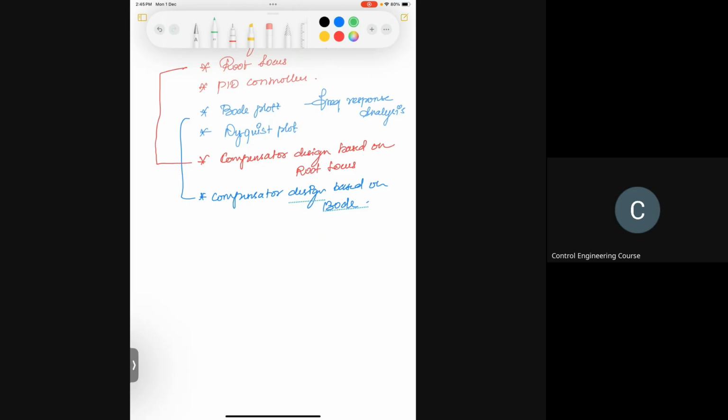Now in week 10, it's completely different analysis. What we are going to do now is state space analysis. From this, we will try to do controller design based on state space representation.